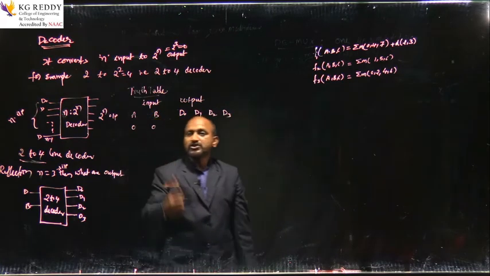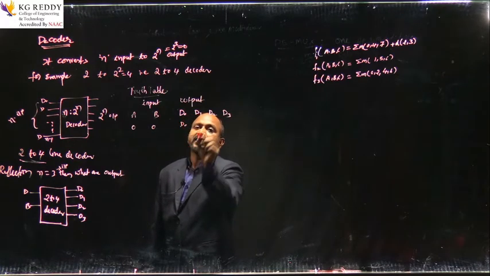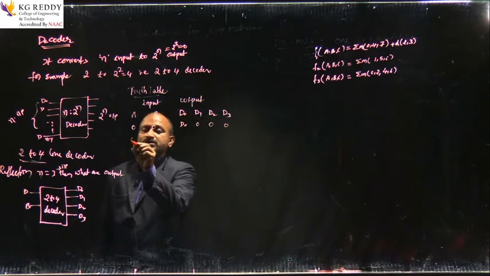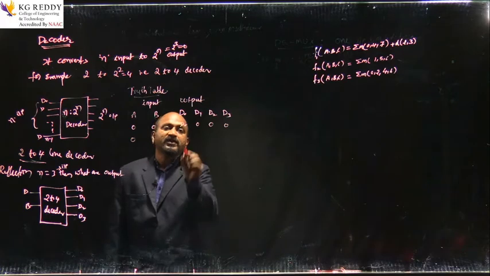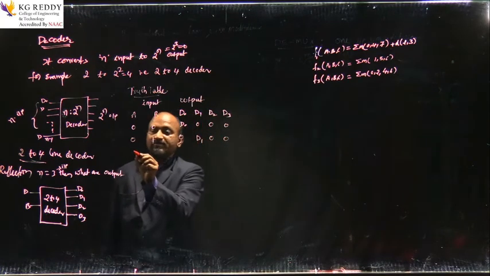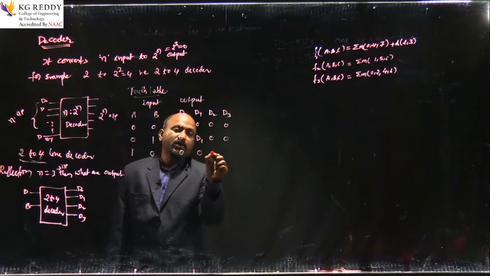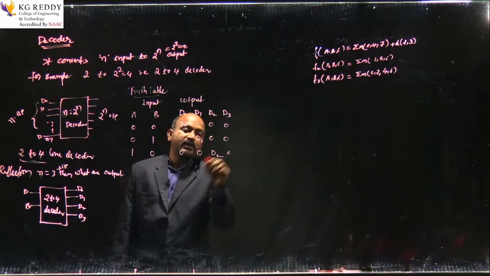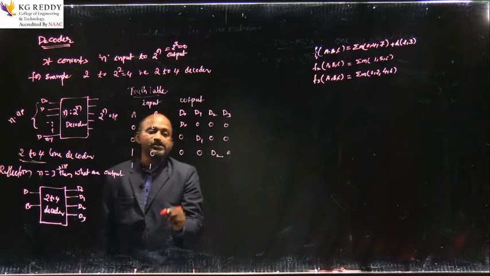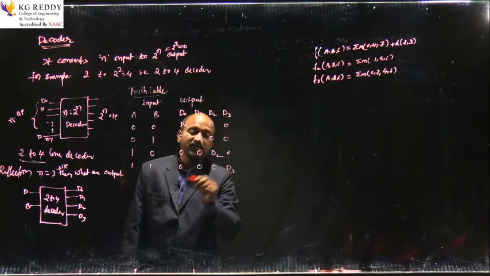If I give 0, 0 as input bits, D0 is selected. If I choose 0, 1 as input, D1 is selected. If I take 1, 0 as input, D2 is selected. The last one is 1, 1; if I choose A 1, B 1, the output goes to D3.